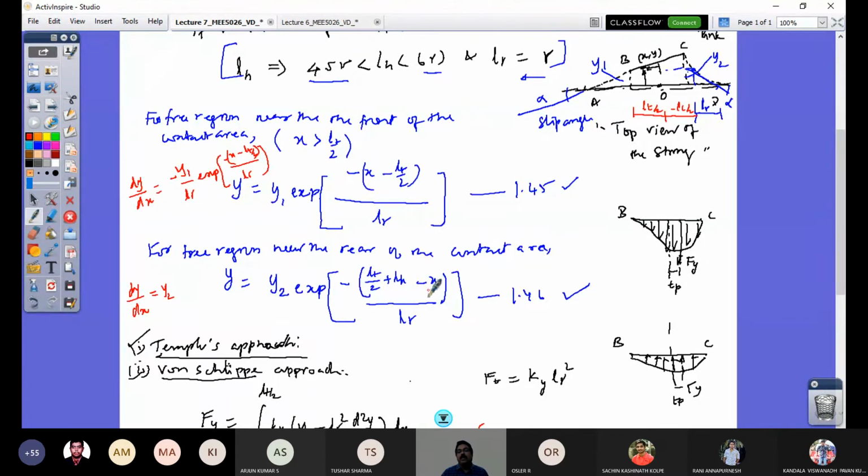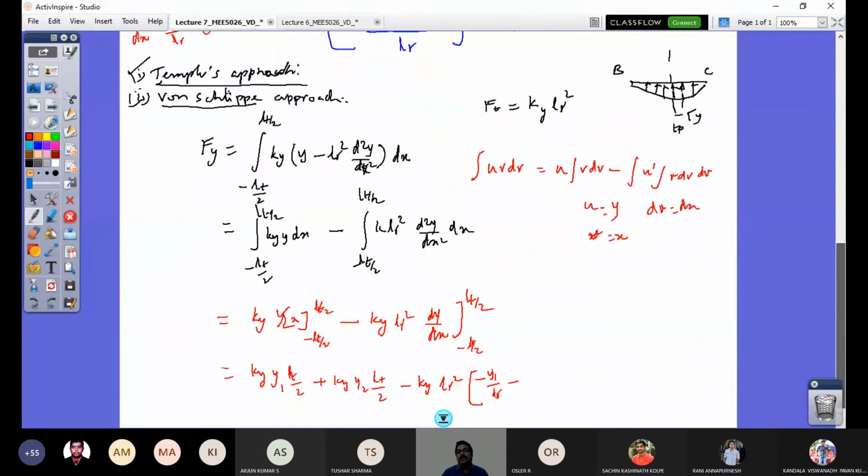You see here, minus of minus is plus. So I get 1 by LR into the exponential of whatever is there in this equation. These two are substituted in this integration now. So I will have here minus y2 by LR.